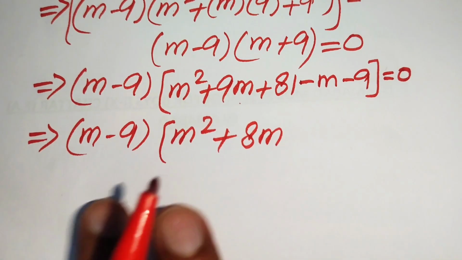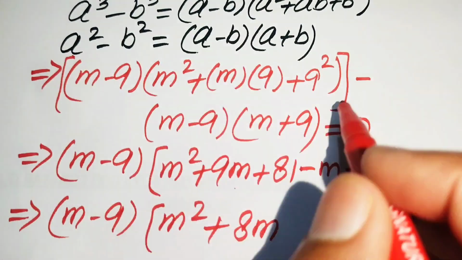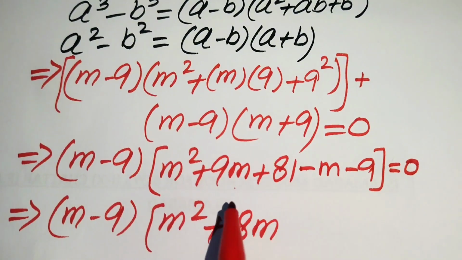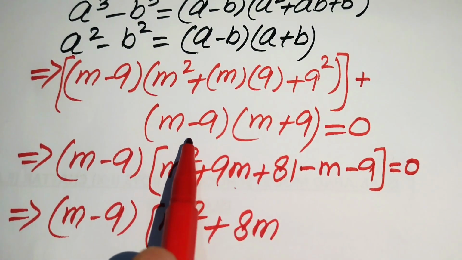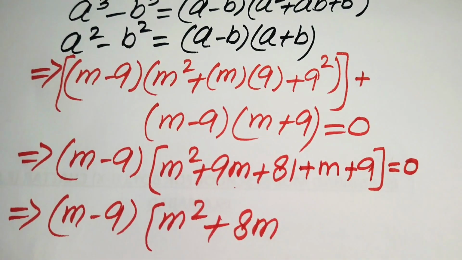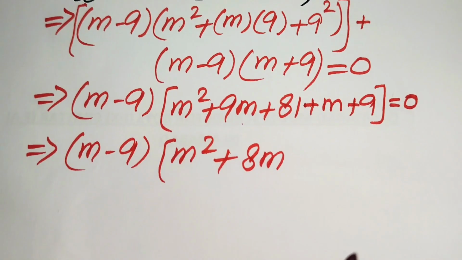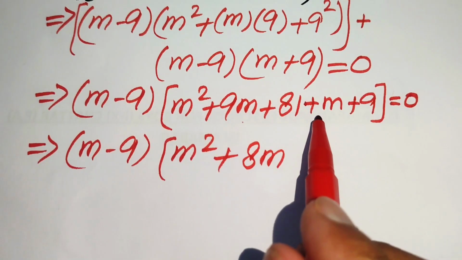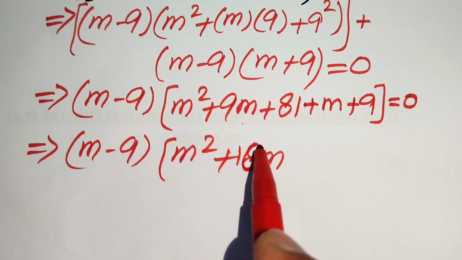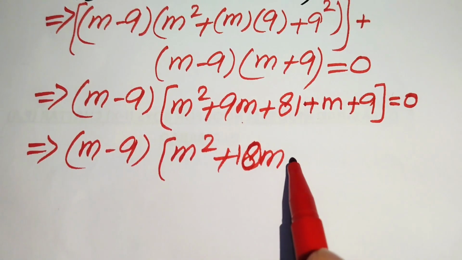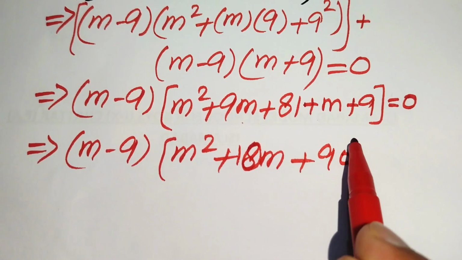Sorry, here we have a little mistake. This sign is a positive sign, so when we take m minus 9 common, these two terms will be common. These are two positive terms, so we have 9m plus m equals 10m, and 81 plus 9 equals 90.